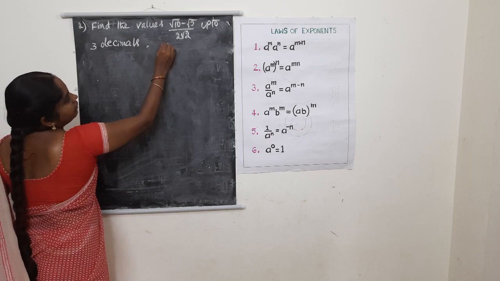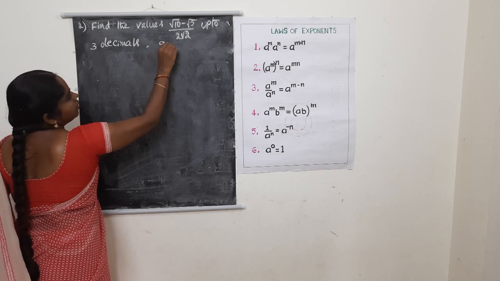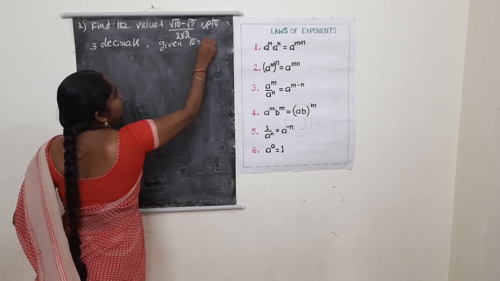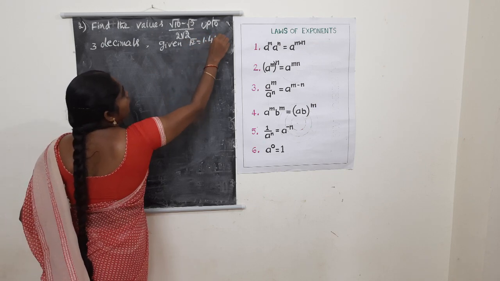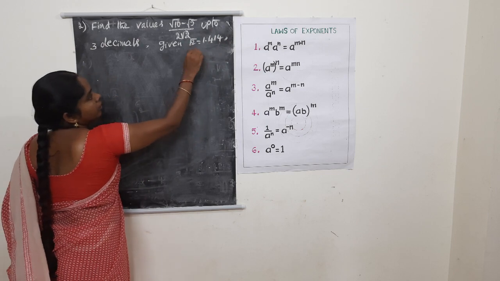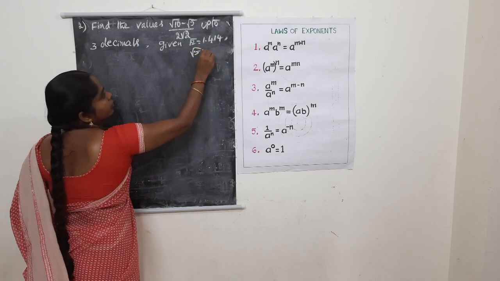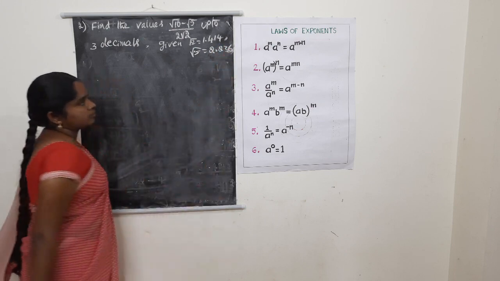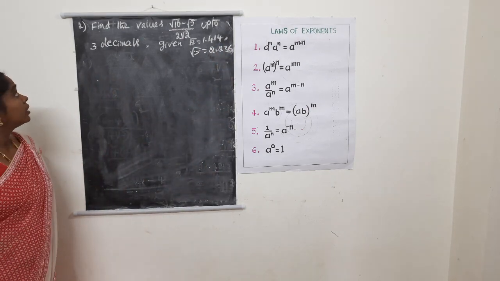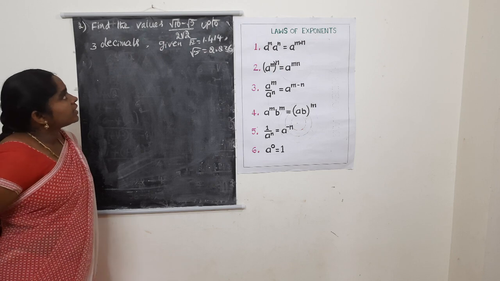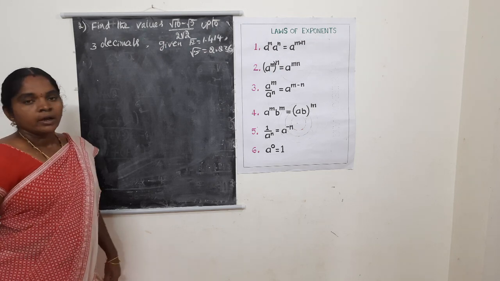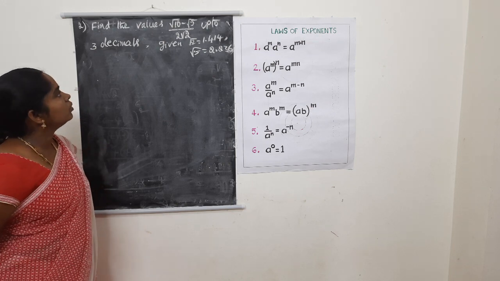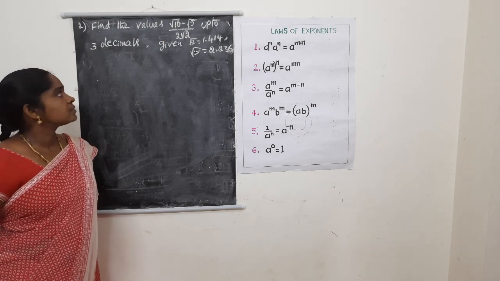And given root 2 equal to 1.414 and root 5 equal to 2.236. So the given problem is find the value of root 10 minus root 5 by 2 root 2 up to 3 decimals.